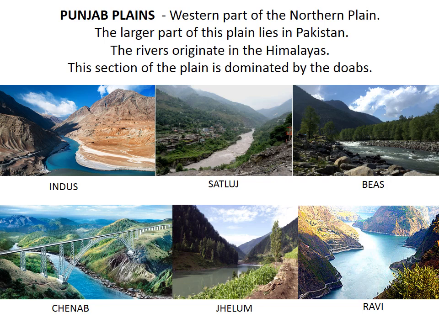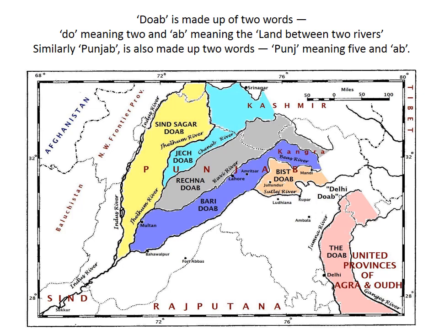The entire section is dominated by doabs. You must be wondering, what is a doab? Doab is the land between two rivers. It is made up of two words, do and ab. So do meaning two and ab meaning water.